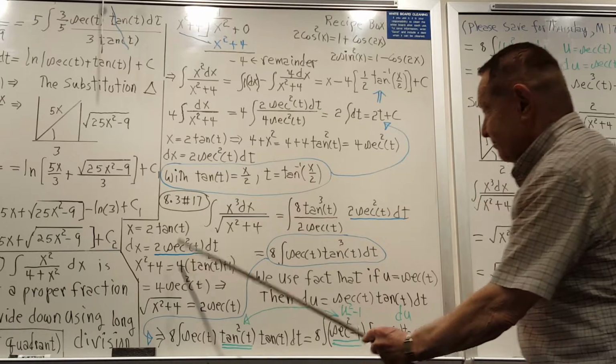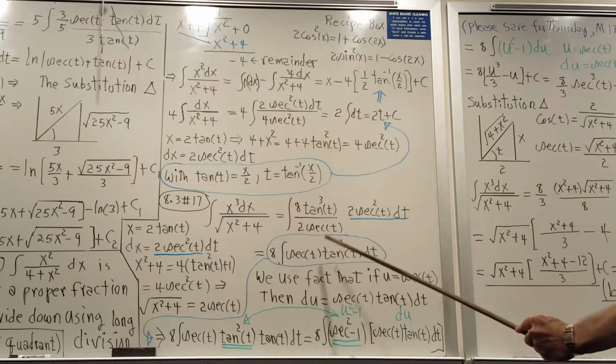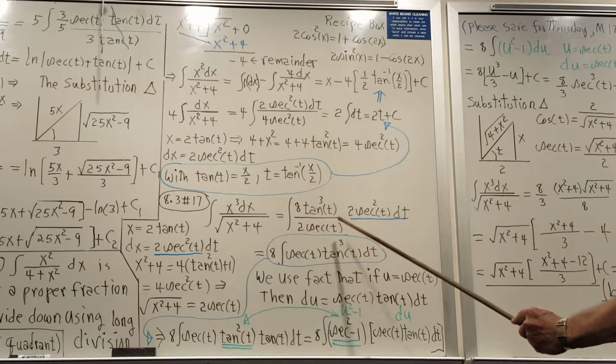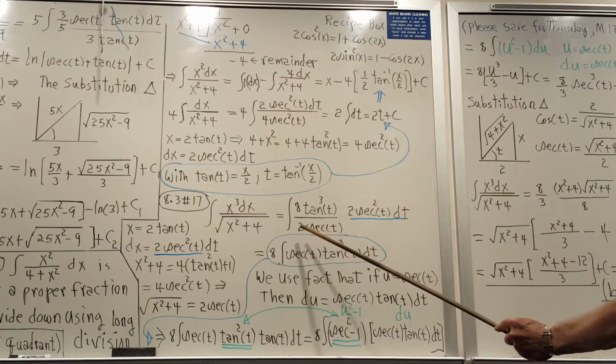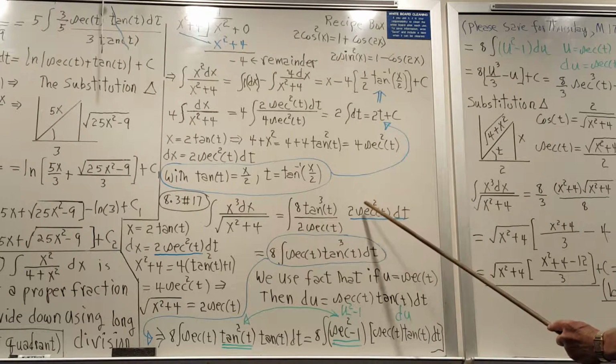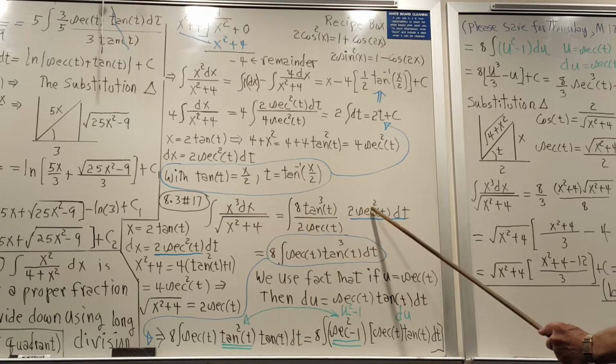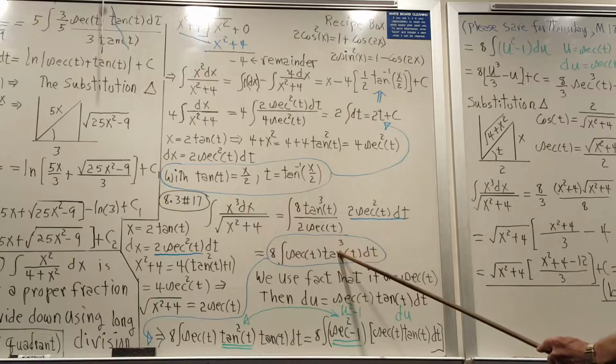So this in blue is this one. So then what you have, you notice, is the 2 would cancel, the secant would cancel, so you have the 8 that I factored out, the secant, and the tangent cubed.